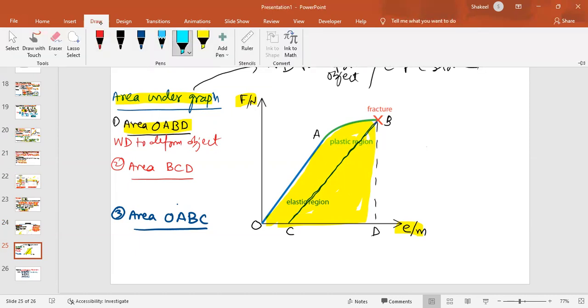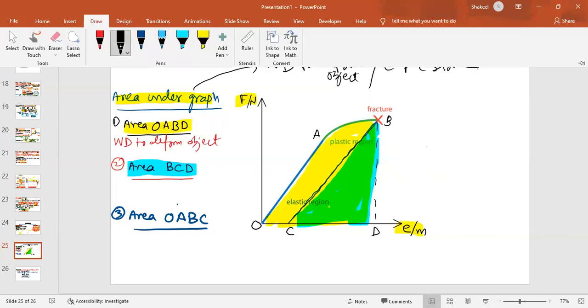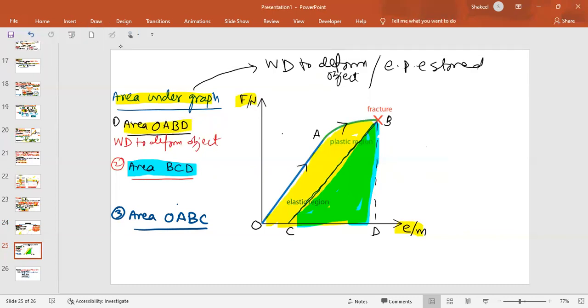Okay, well, there is a second area, which is BCD, this greenish one. If you look at the curve now, this curve is known as the loading curve. Loading curve means that you are applying force on the object and the extension is being increased. Then from B to C, it is the unloading curve. Unloading means that you are going to decrease the force, remove the force, so the extension is being decreased.